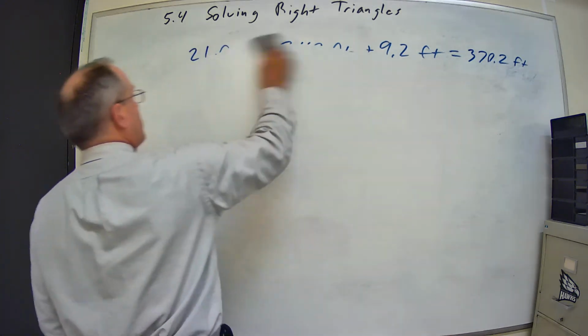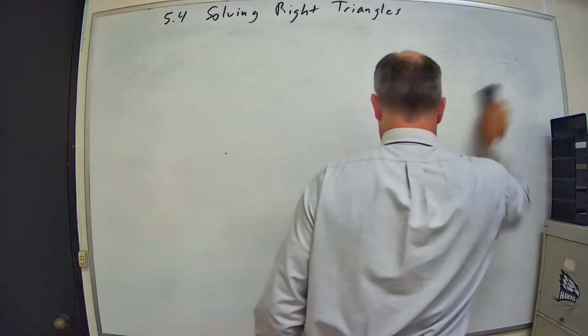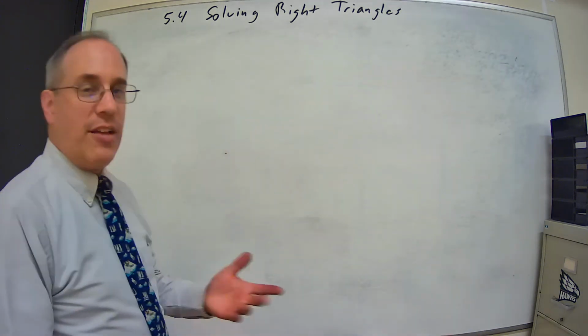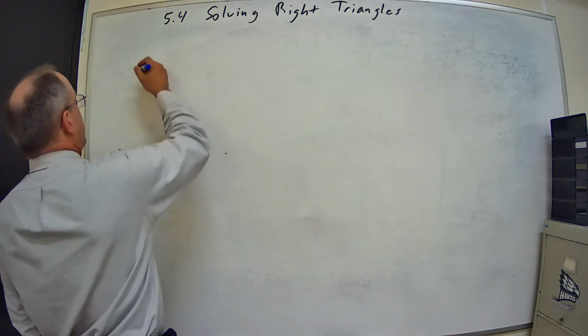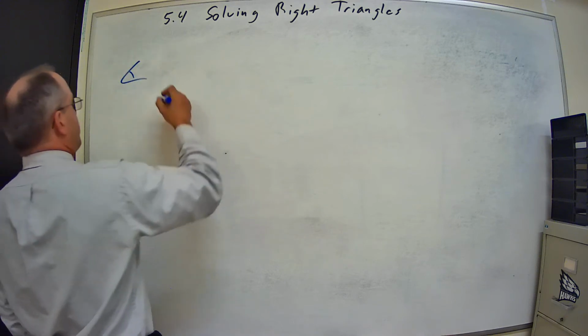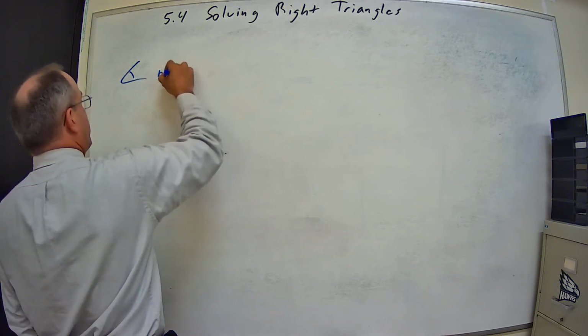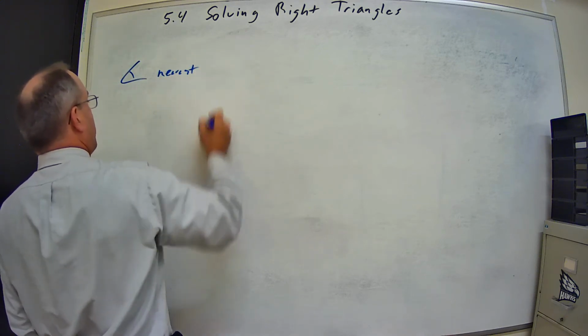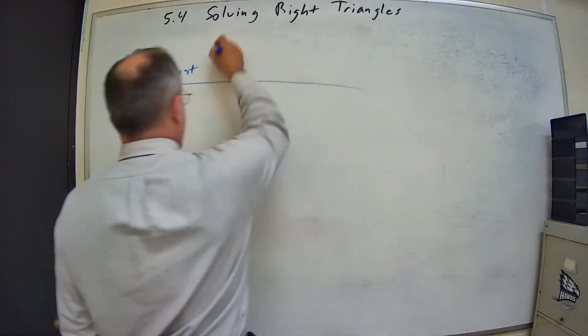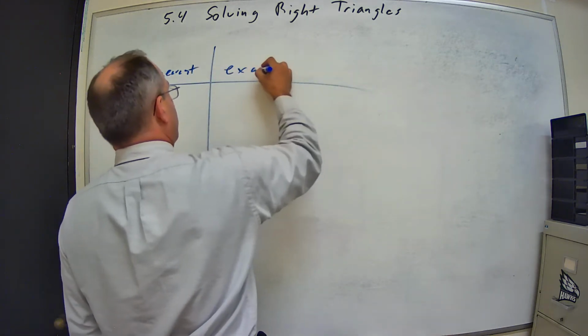Now let's build a little table of how this affects trigonometry and angles and such. So if we have an angle measured to the nearest, and we're going to have that column. I'm going to give an example.